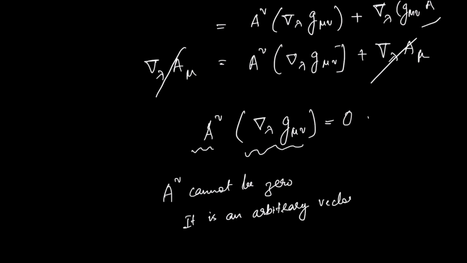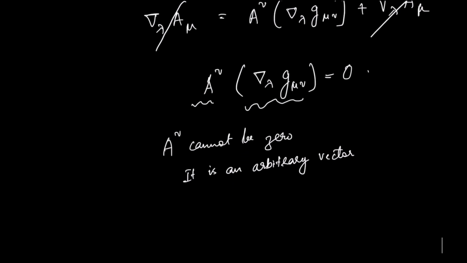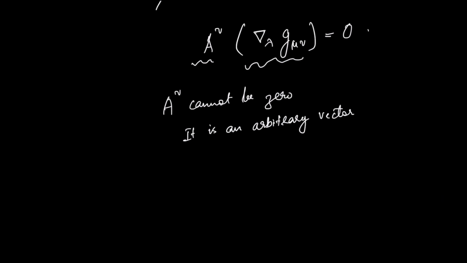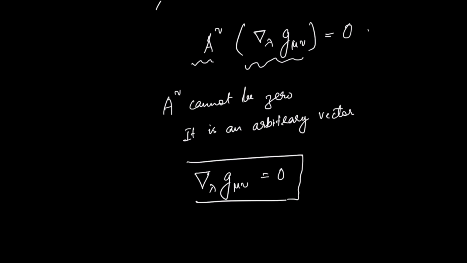So it cannot be 0; if it is 0, then it's a trivial solution, and I don't want a trivial solution. Therefore, the only possibility is that the covariant differentiation of G mu nu should be 0. Thus, the last rule for covariant differentiation is that the covariant derivative of a metric tensor is 0.